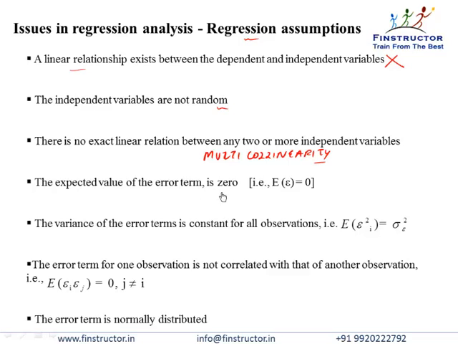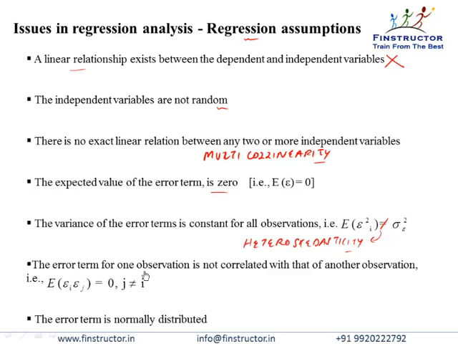The expected value of the error terms is assumed to be 0. The variance of the error terms is assumed to be constant for all observations. If it is not constant, then the condition is termed heteroskedasticity. We will also look at heteroskedasticity in more detail in the coming slides.